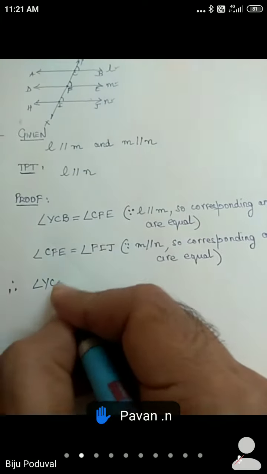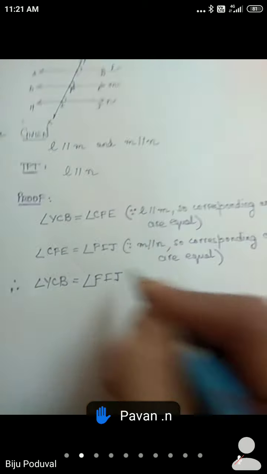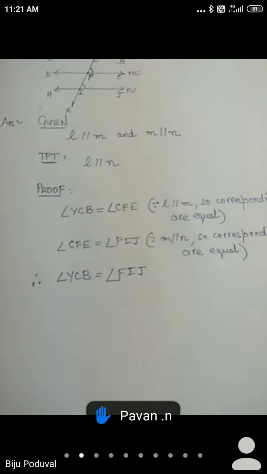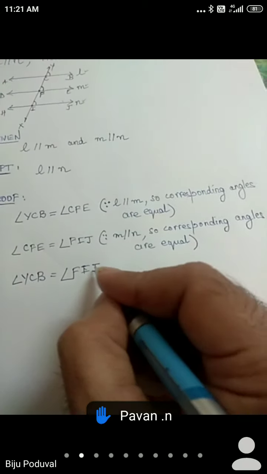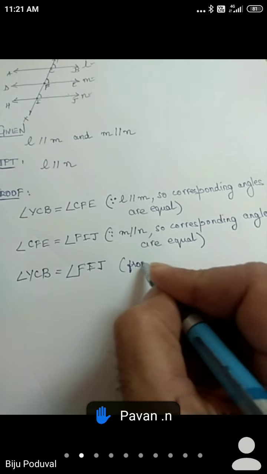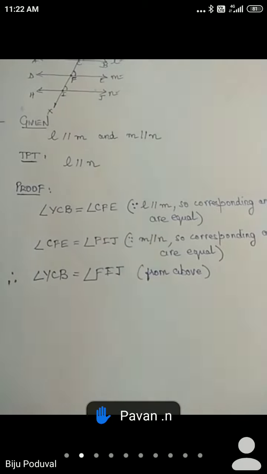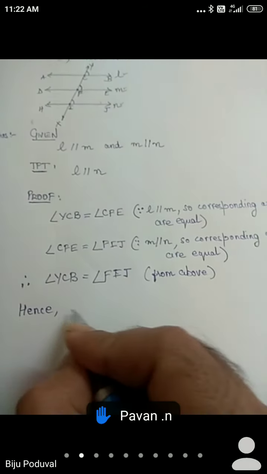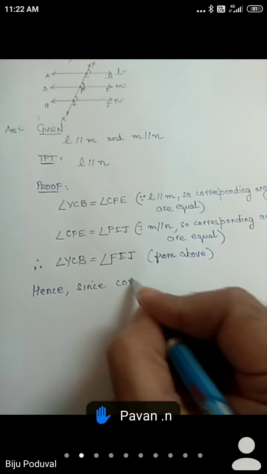So therefore angle YCB equals angle FIJ. Correct? Children, please mute. So you can write from above, from above means from the above two equations. Therefore, hence, since corresponding angles of L and N are equal, L is parallel to N. Hence proved.